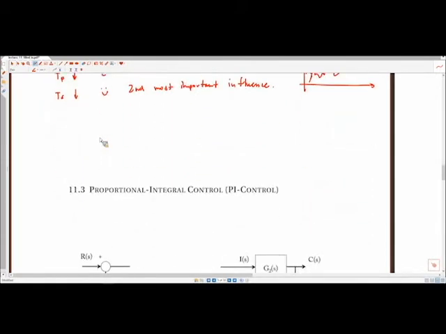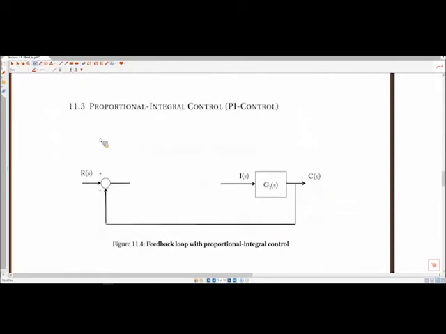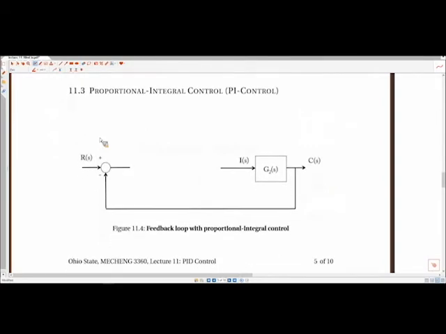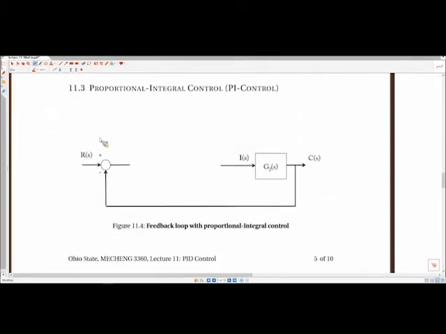All right, so this is the purpose of integral control. All right, so integral control, same idea as before. If we compare this to proportional control, this is our standard proportional controller. All right, so this would be standard proportional controller, and I think everyone can guess what's going to happen next.